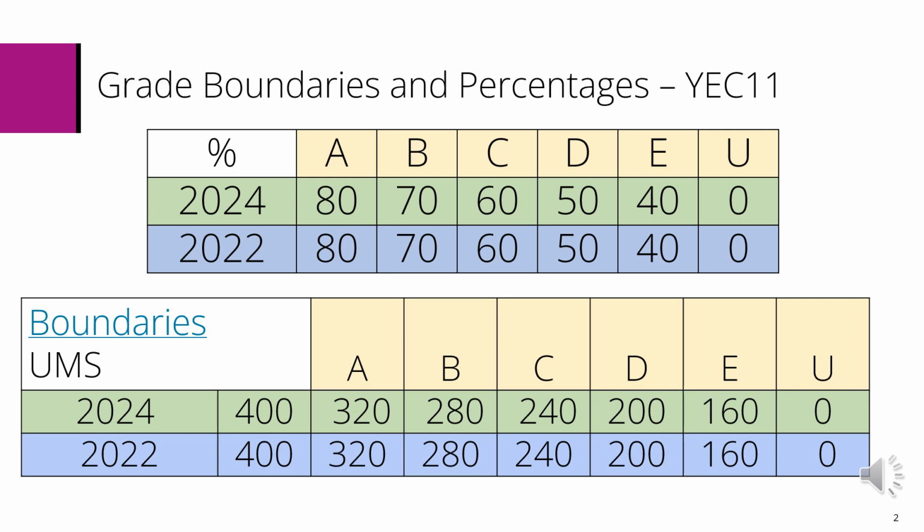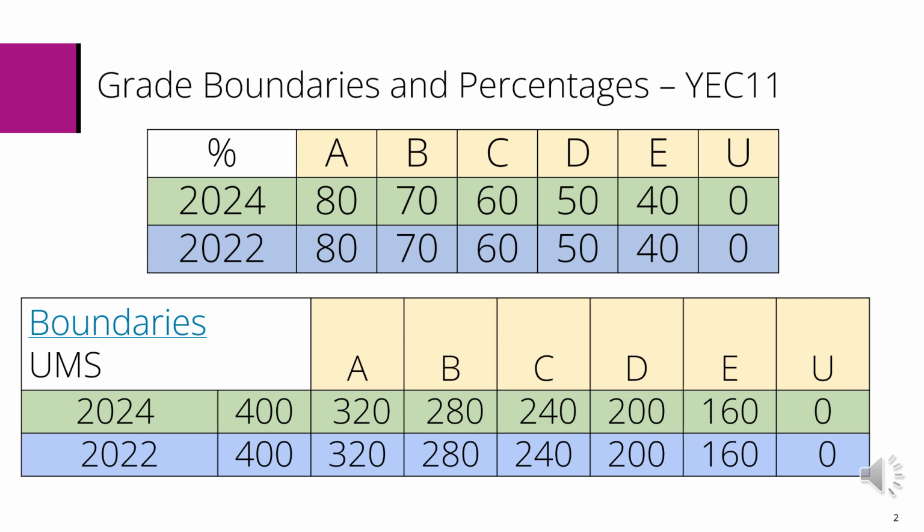The UMS mark, short for Uniform Mark Scale, is a conversion of the raw marks. Raw marks are converted to UMS marks for all modular qualifications. This is because raw mark grade boundaries may change from exam session to exam session to take into account variation in the difficulty of assessments.